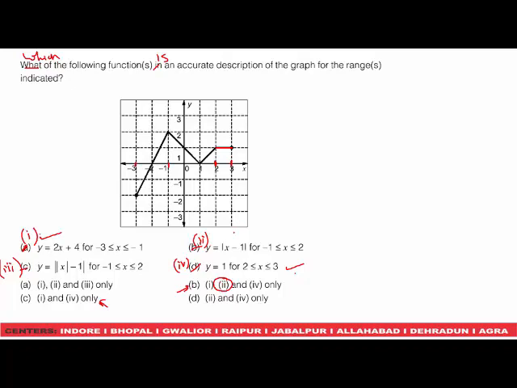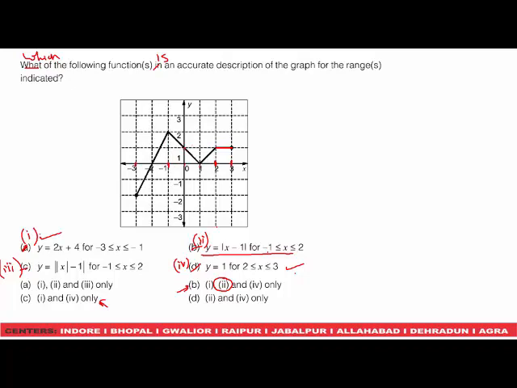So the second statement is this, from -1 to 2. From -1 to 1 it is a decreasing curve, and from 1 to 2 it is an increasing curve. So let us put the values. At x equal to 0 we are getting y equal to 1.